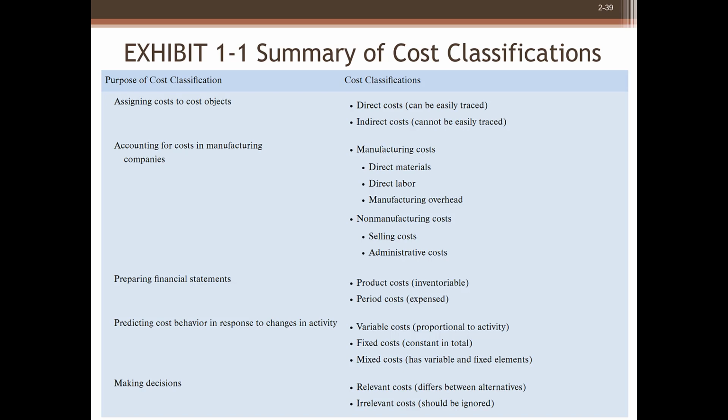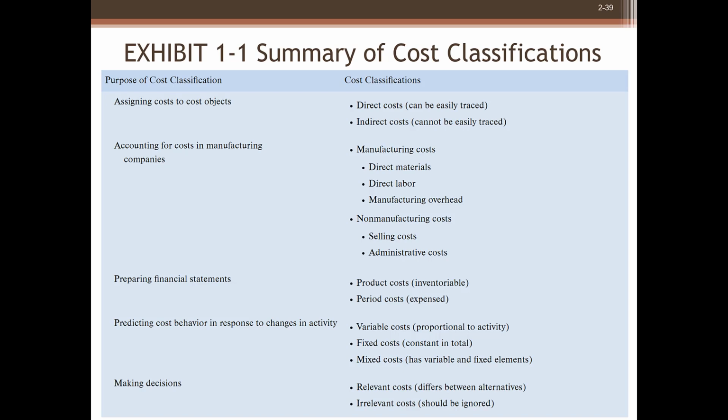For the purpose of accounting for costs in manufacturing companies, we can classify costs as manufacturing costs and non-manufacturing costs. Manufacturing costs include direct materials, direct labor, and manufacturing overhead. Non-manufacturing costs include selling and administrative costs.